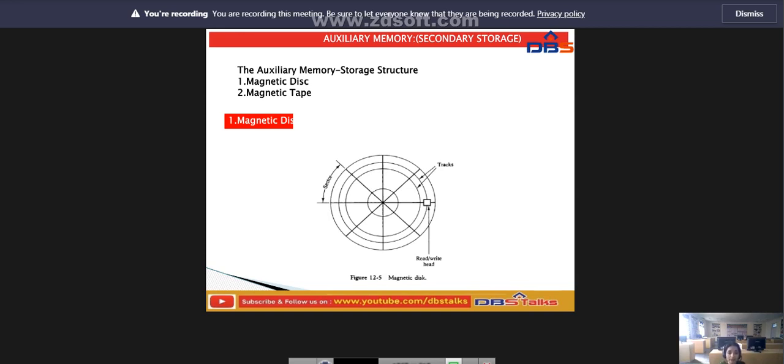The recording surface rotates at uniform speed and is not started or stopped during access operations.